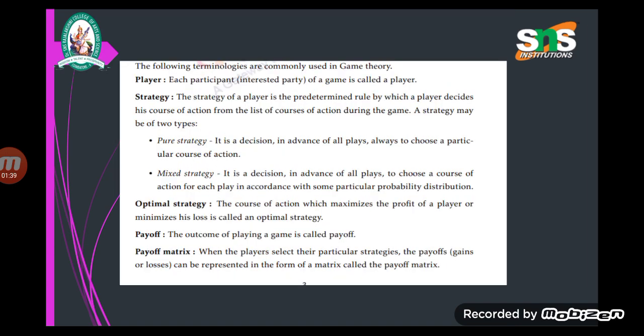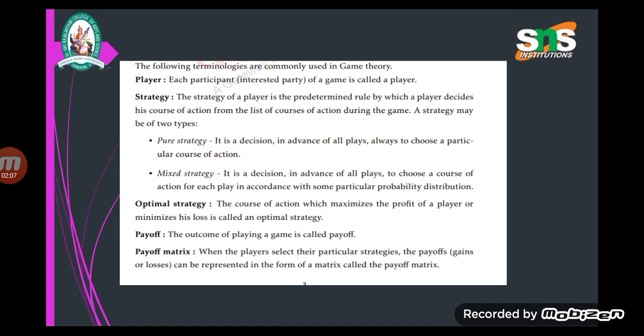There are many terminologies used in game theory. The first terminology is player. Each participant who takes part in a game is called a player. Strategy will differ according to the game. Strategy of a player is a predetermined rule by which a player decides his course of action from the list of courses of action during the game.